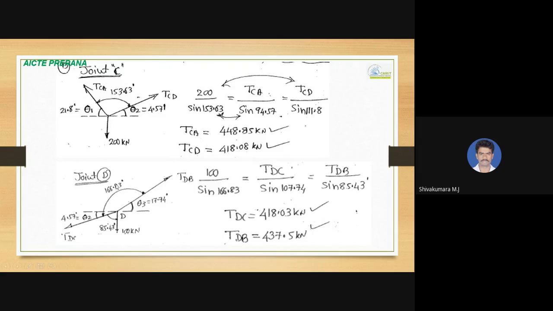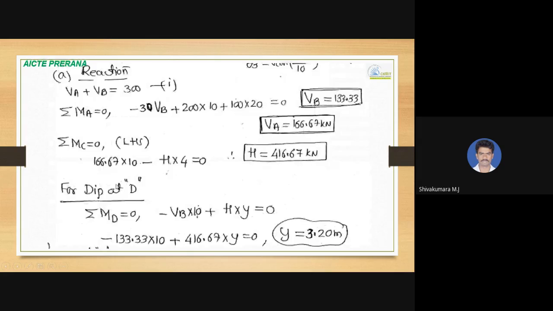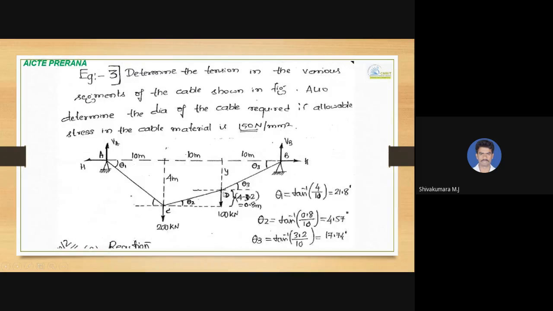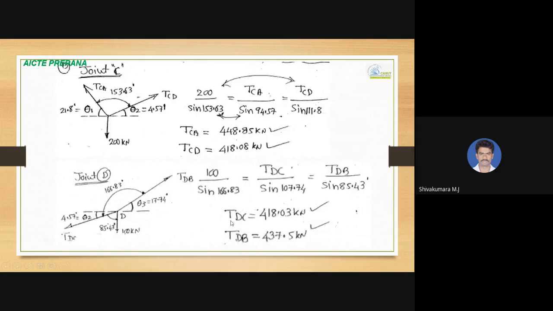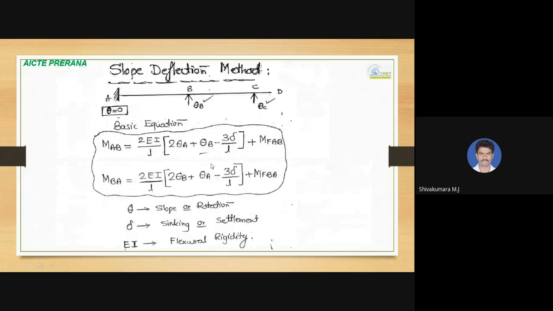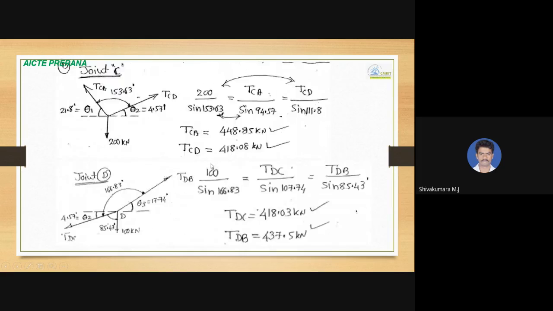In the same manner, you can draw the free body diagram at joint D. Again, you apply Lami's theorem. You will get TDC and TDB as 418.03 and 437.5 kilonewton.